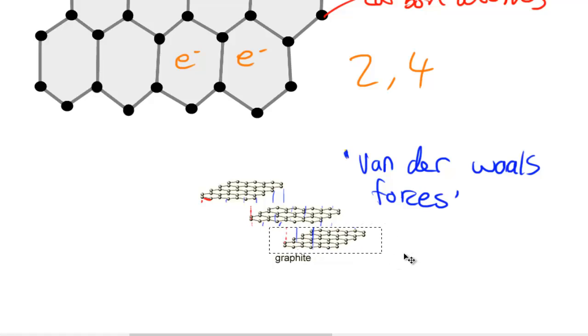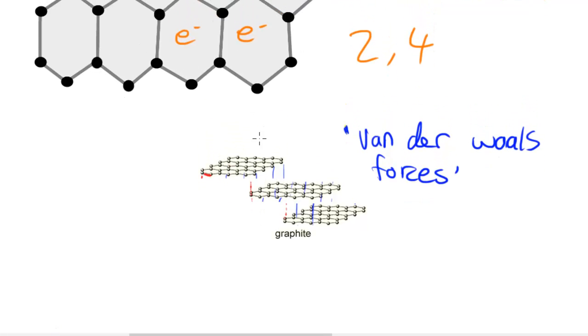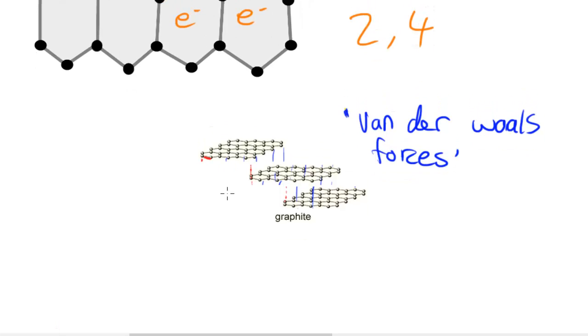They can easily slide over one another, each of these layers. Because of this sliding, graphite can be used as a lubricant, which is a dry lubricant.